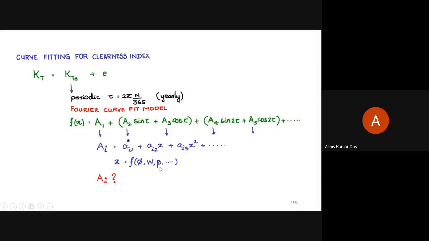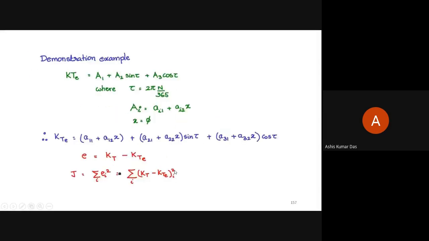We are trying to consider all the atmospheric conditions, but in our example we are finding a simple case, where x is a function of only the latitude. And we take the coefficient as a_i1 plus a_i2 x.